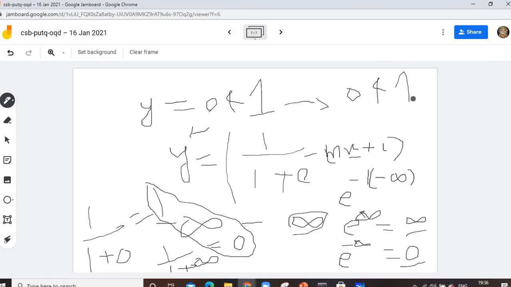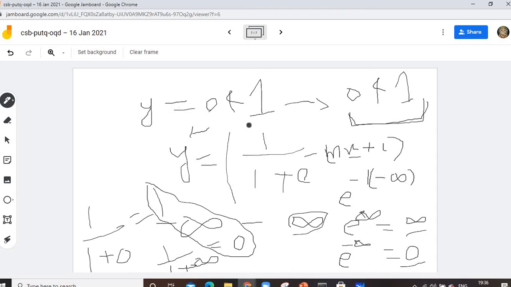If someone asks you why we use the sigmoid function, this is one reason, because it converts all y values into 0 and 1, whether it may be plus infinity or minus infinity. If it is positive, it will give the infinite value. If it is minus infinity, it will give 0.